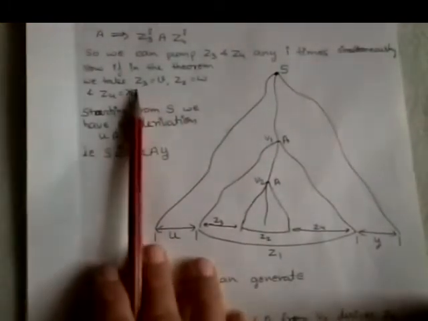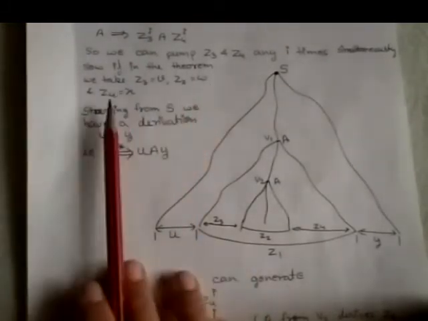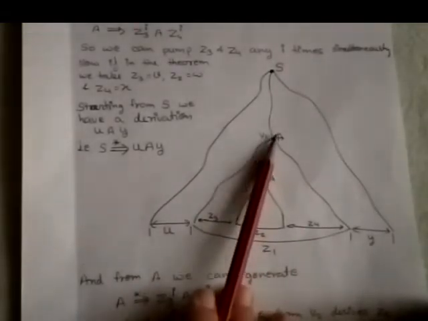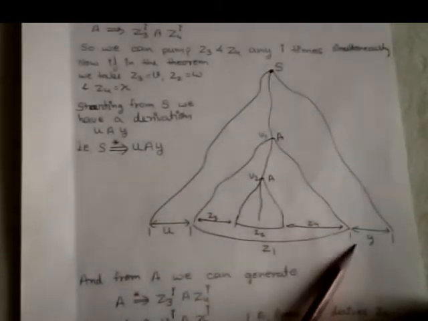Suppose according to the theorem we take Z3 equal to V, Z2 equal to W, and Z4 equal to X. Now from this tree we are able to derive from S the following string, U, Z1 and Y. Z1 is derived from this non-terminal A. So we have this rule, S derives U, A, Y. Now look at this.